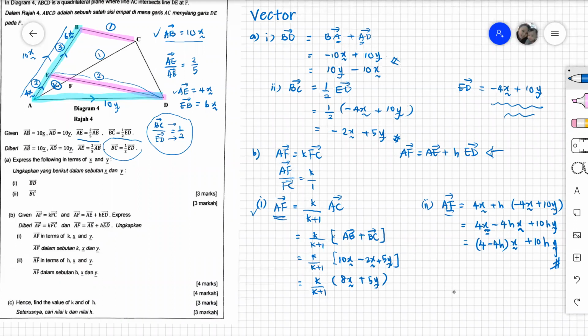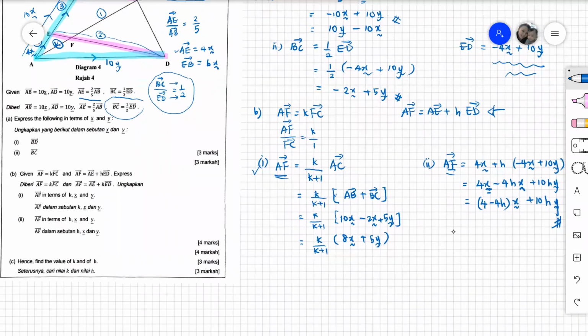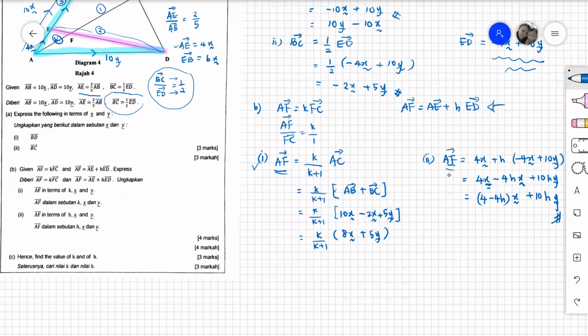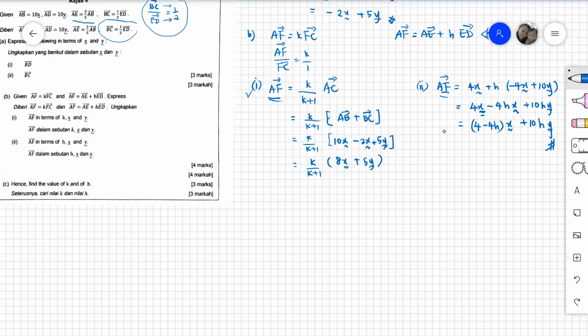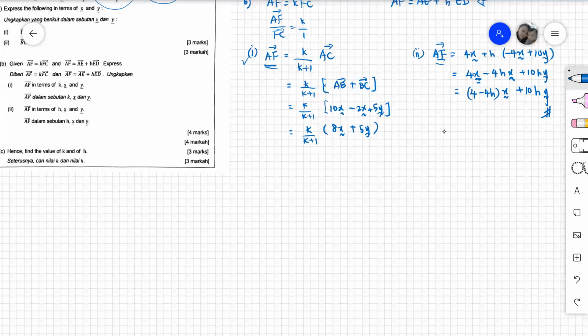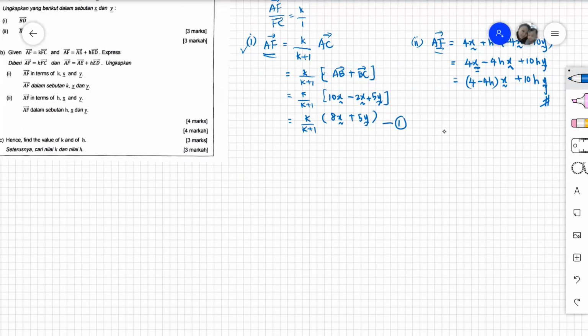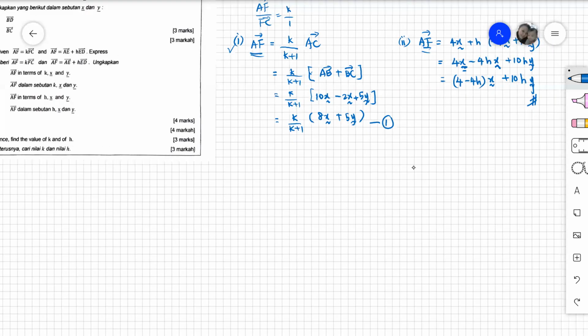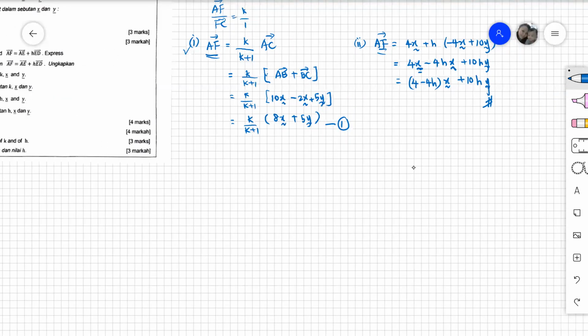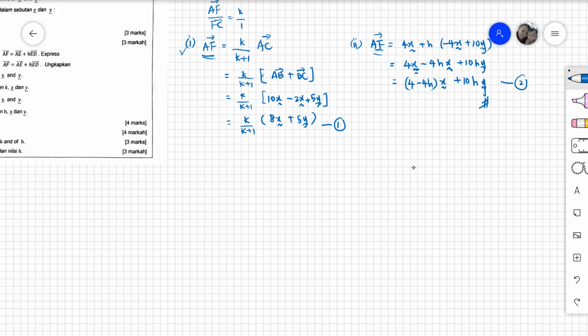So what's next will be, okay, let me just move this one upwards. What we can do now is, let's label this as equation 1 and this one as equation 2. And both are AF. Therefore, this is for part C. Yeah? Therefore, part 1 equals part 2 because both represent AF.